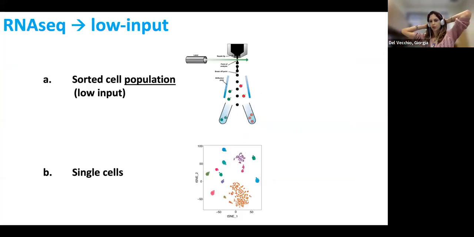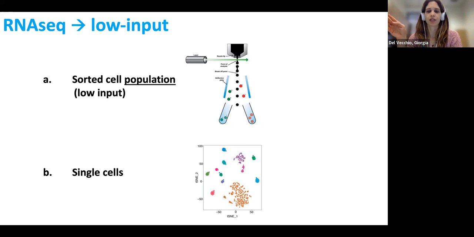Okay, so let's now introduce the concept of low input RNA and single cell RNA sequencing. Low input RNA works for, let's say, sorted cell populations.